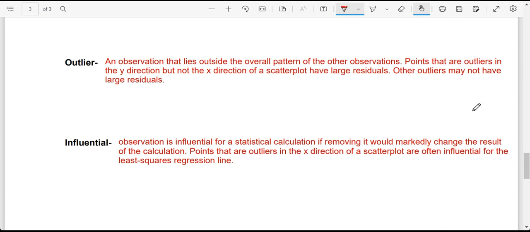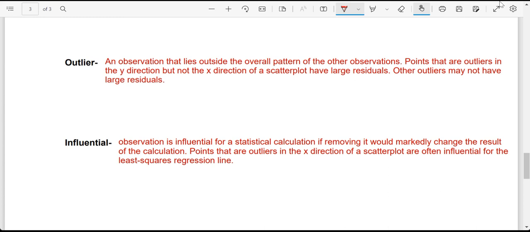This is the definition of outlier. Obviously, we talked about outliers a lot in this class so far, but this is mostly talking about values that lie outside of your pattern or your regression line, right? They may have large residuals, particularly if they're extremely big or small in the y direction.